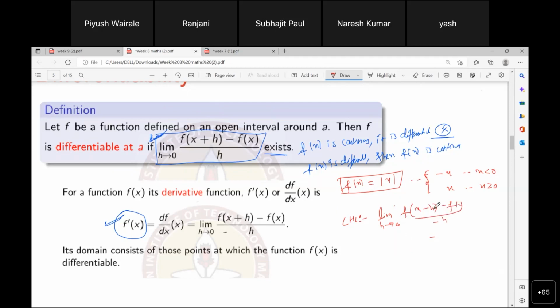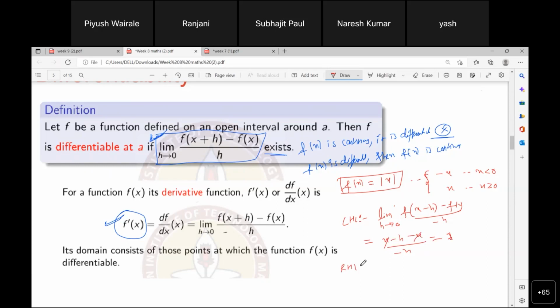We are going from the left hand side. So f of x minus h will be minus of x minus h minus of x, then h will get cancelled, and I will get -1 here.